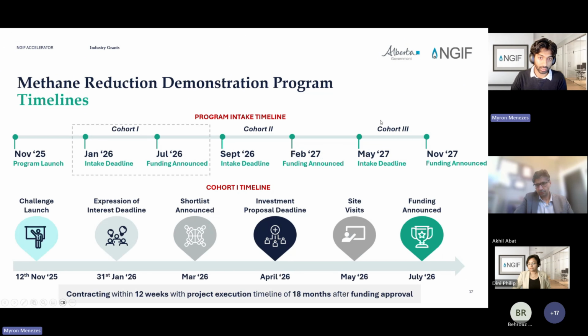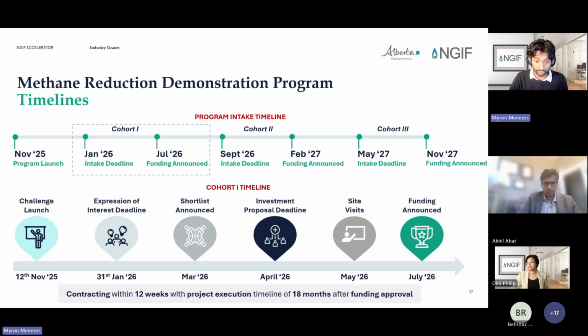In terms of timelines, the MRDP spans across 3 years and has 3 fixed intake cohorts, one cohort for each year the program is active for. For cohort 1, the expression of interest deadline is towards the end of January. Depending on the volume of applications we receive, we expect to announce the shortlisted applications for stage 2 sometime towards the end of March.